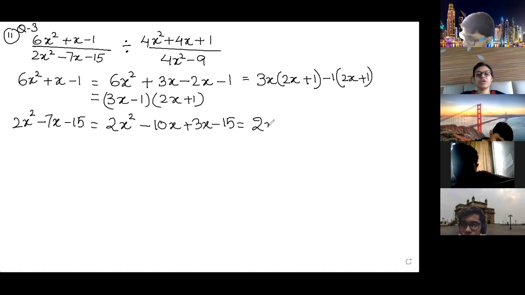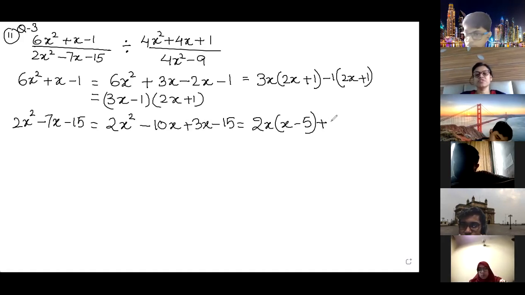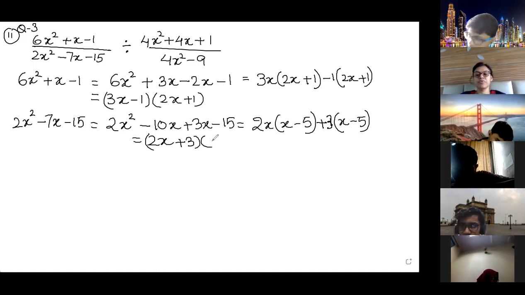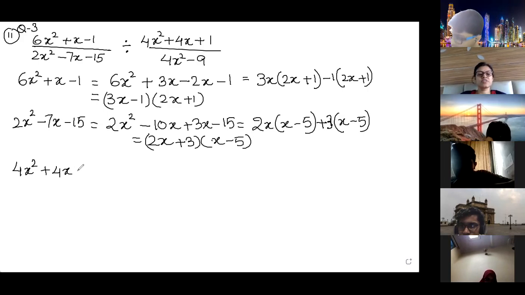Take out 2x common, you get x minus 5, and plus 3 times x minus 5. So you get 2x plus 3 into x minus 5.